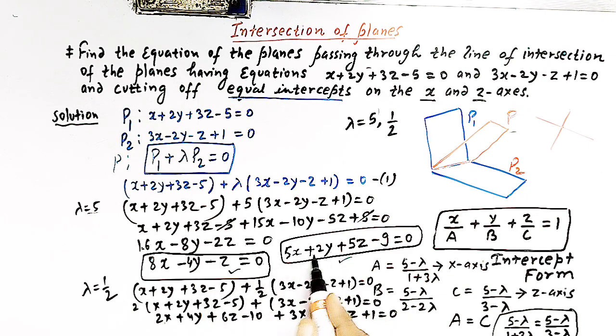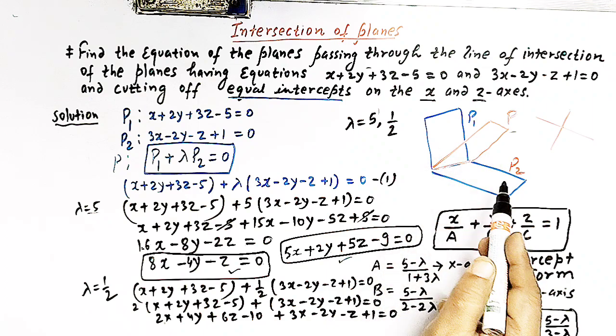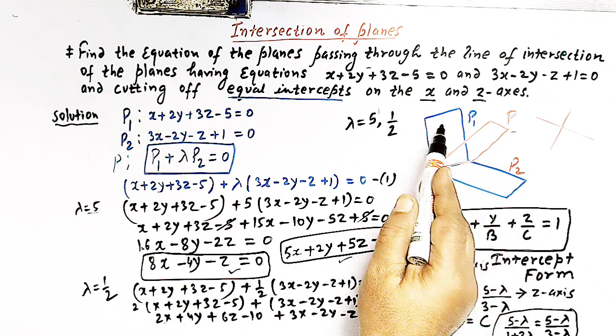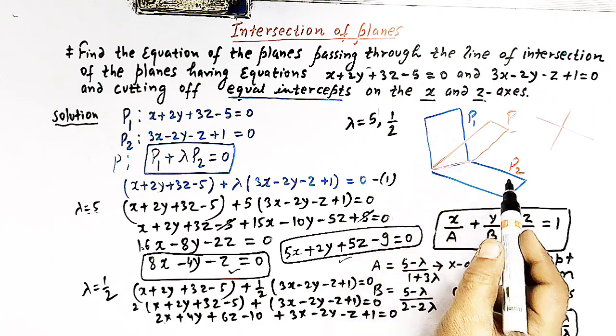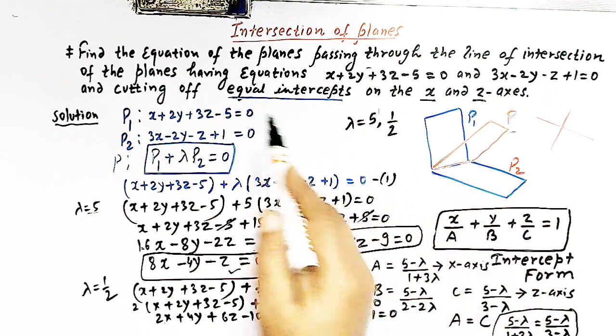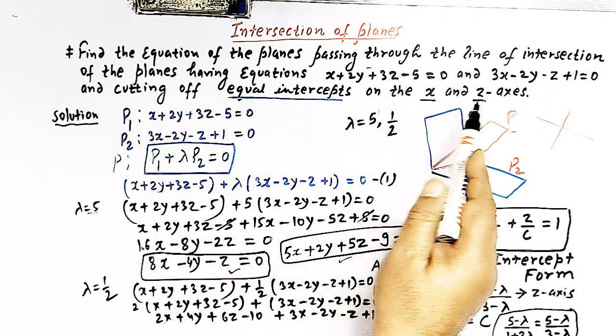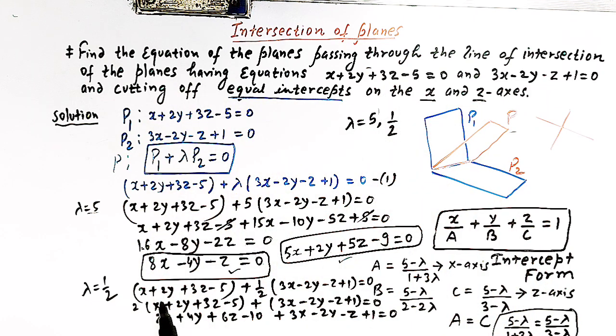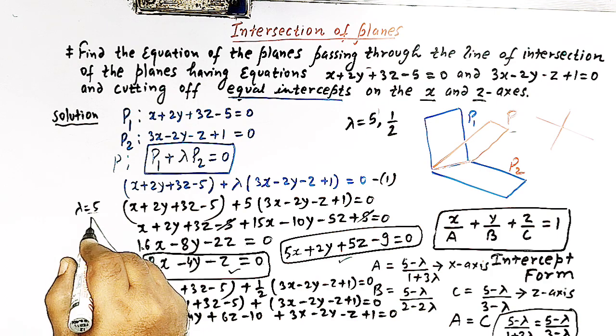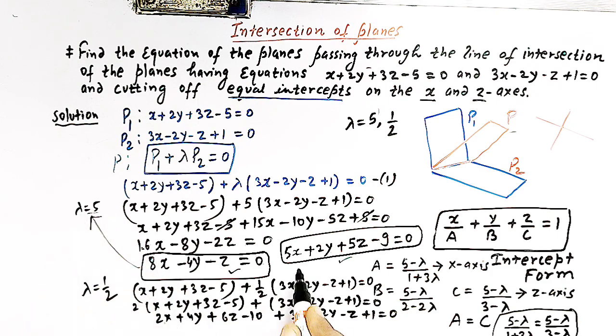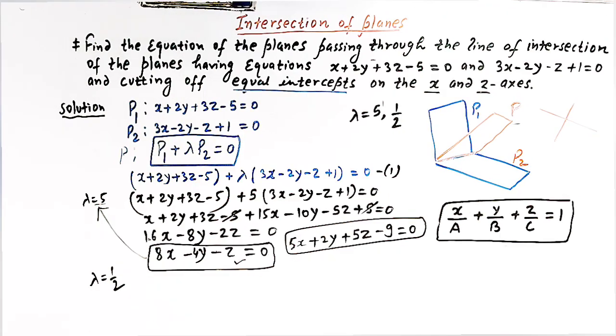It means there are two planes which pass through the line of intersection of these two planes, that is P1 and P2, and cutting off equal intercept on the x and z axis. So this equation corresponds to lambda is equal to 5, and this equation corresponds to lambda is equal to half. So here the two planes are given by these two equations, right?